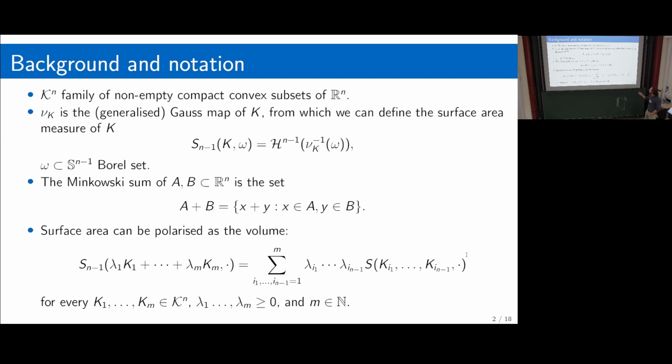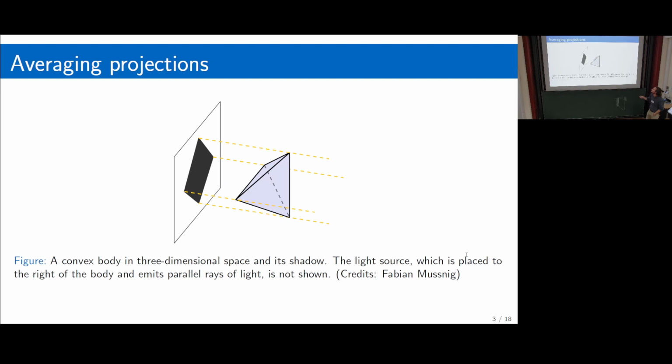Another thing that we need, which might be the connection with this program, is that sometimes it's needed to recover from the knowledge of the measures of the projections of a set other information on the set itself.